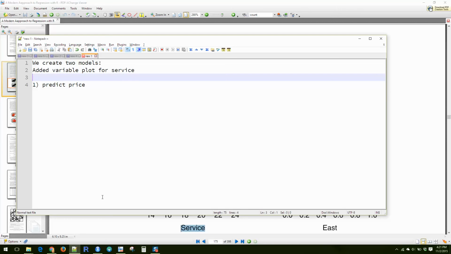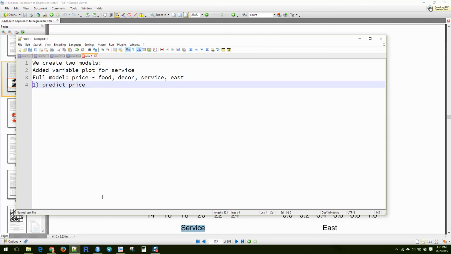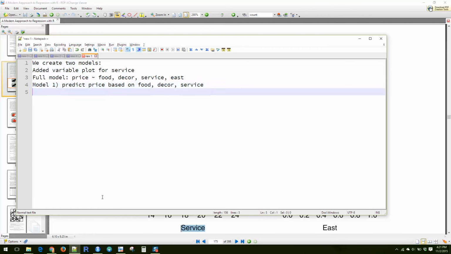And then the full model is price as predicted by food, decor, service, and east, okay? So model one is predict price based on food, decor, and service, okay? East. I'm sorry, food, decor, and east, you're correct, okay?